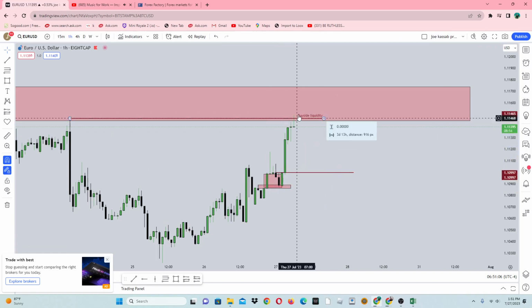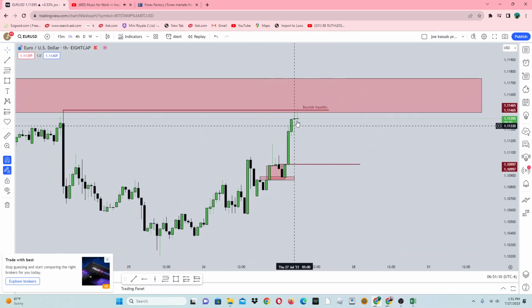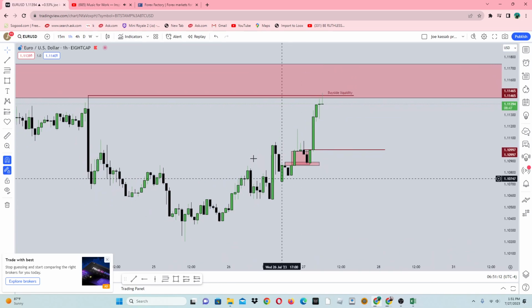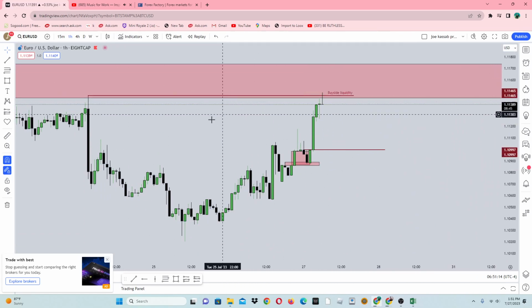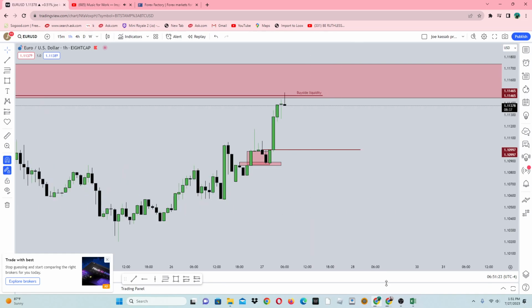Swing formation targeting the liquidity plus the daily target can also be done. So you can enter on any time frame. It's very important to have a daily bias, a higher time frame analysis, and to have time.